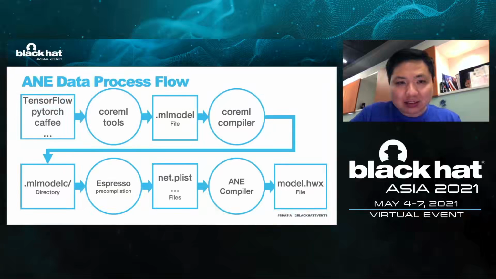Apple provides CoreML tools to convert them into a unified ML model format. CoreML compiler will compile the ML model files into some files and store them in a specific folder with a suffix of mlmodelc.